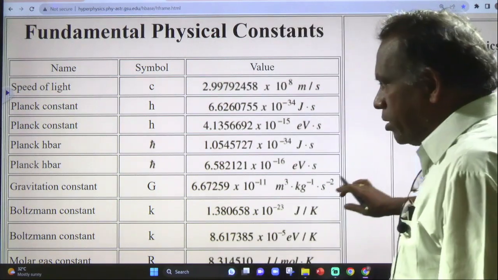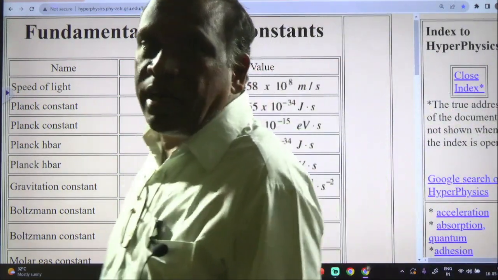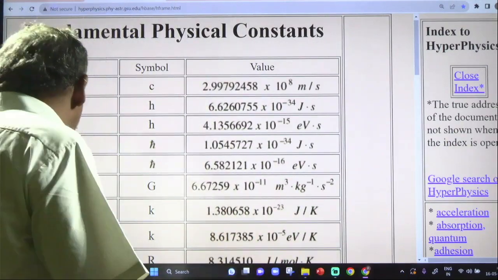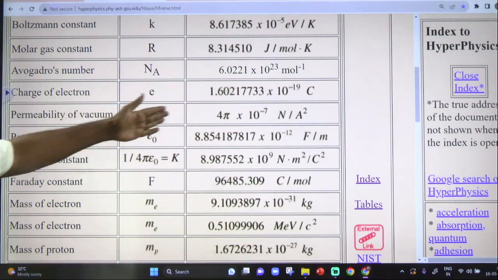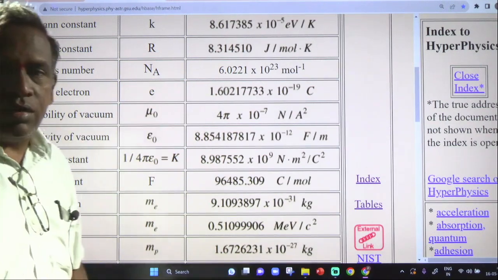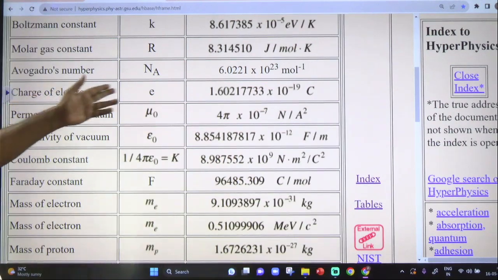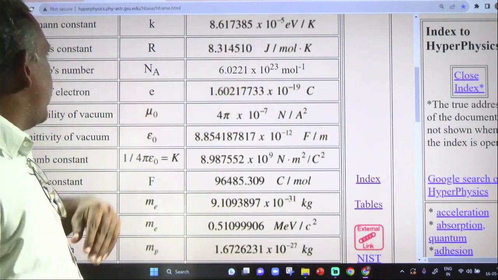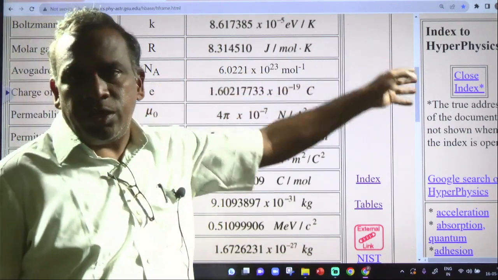The Boltzmann constant is 1.38 into 10 power minus 23 joules per Kelvin. These are the different constants. Permeability of vacuum is 4 pi into 10 to the power of minus 7, the magnetism constant. Charge of electron is 1.6 into 10 power minus 19 coulombs. Avogadro number is 6.02 into 10 to the power of 23.